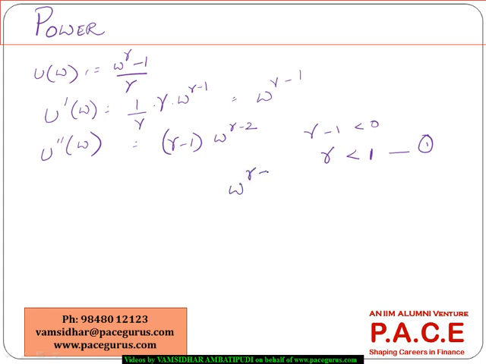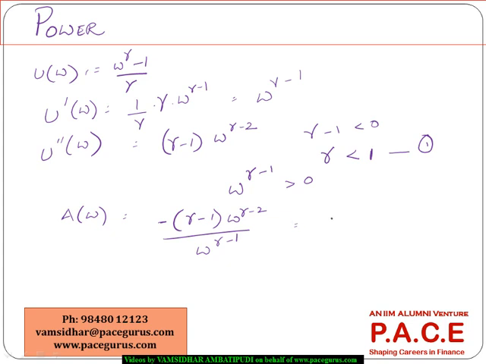W power gamma minus 1 should be greater than 0. And any gamma less than 1 should be sufficient. So from here, I can very well compute the absolute risk aversion levels, which is coming out to minus of the second derivative, gamma minus 1 W power gamma minus 2, divided by the first derivative, W power gamma minus 1.